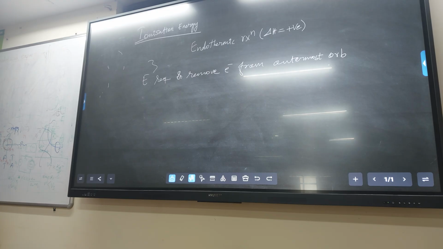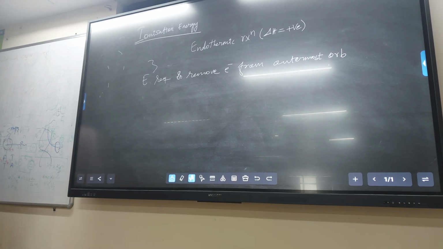The energy required to remove the electron from an isolated atom in the gaseous phase.